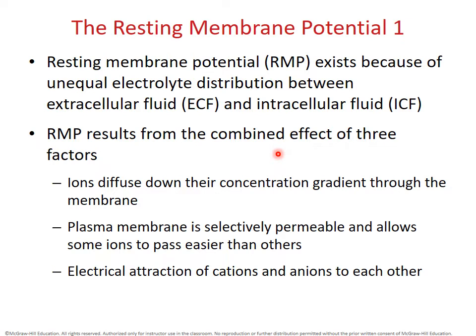diffusion always results in equilibrium, which is often an equal concentration of a material on two sides of a permeable barrier. But what happens is that ions not only diffuse down their concentration gradient, they also diffuse along an electrical gradient as well.